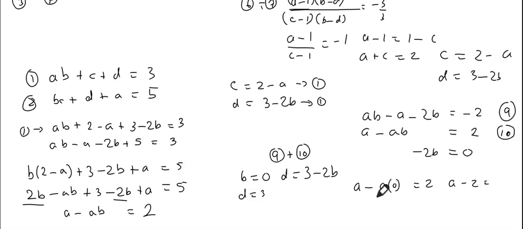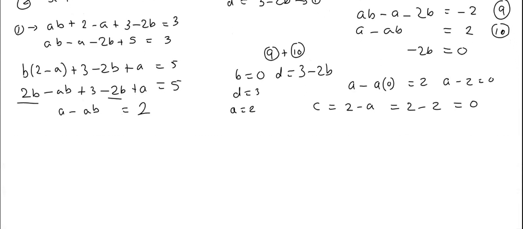So A equals 2, and C equals 2 minus A, which is 2 minus 2, which is 0. And so a summary of my answers is A equals 2, B equals 0, C equals 0, and D equals 3.